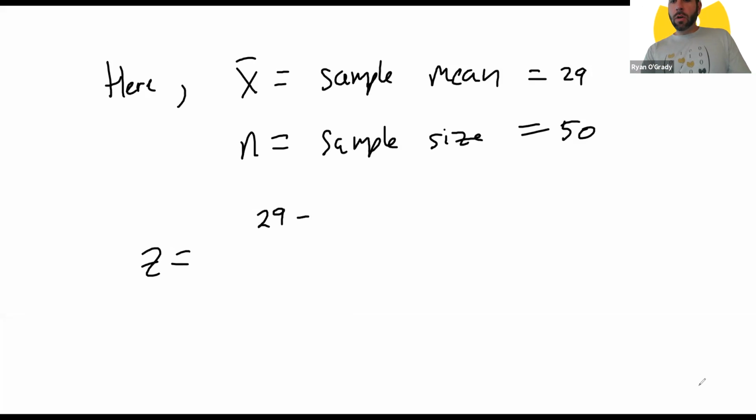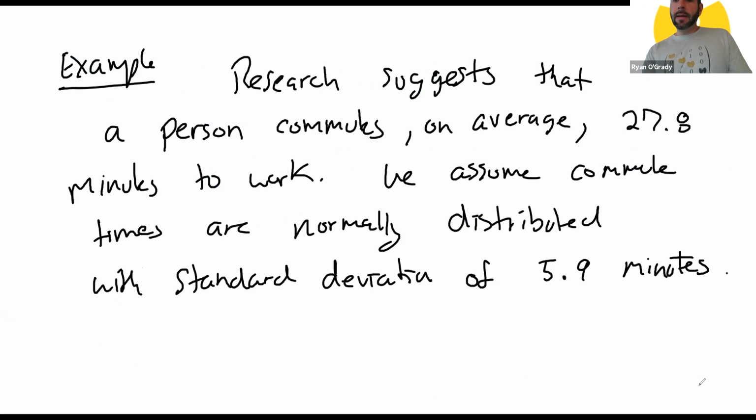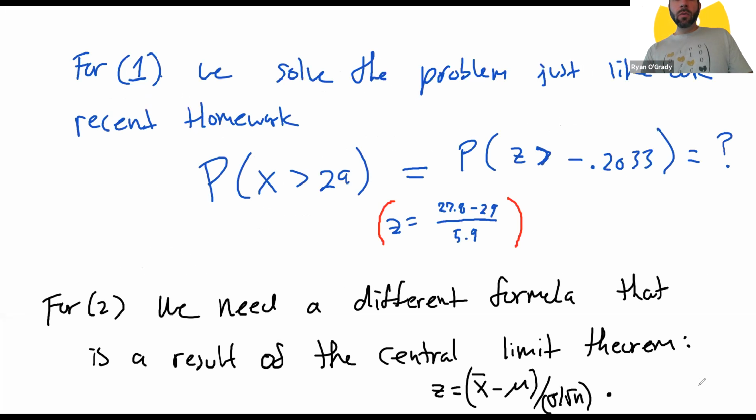And then what was our commute thing? Wait a second, did I mess that up? We got an error here. Hold the phone. We had this backwards here. What we were asking is that we were going to be greater than 29. So this is backwards.